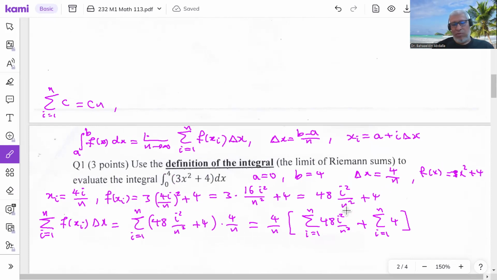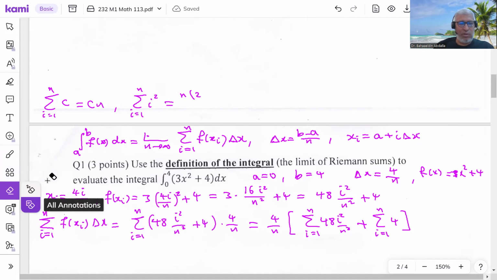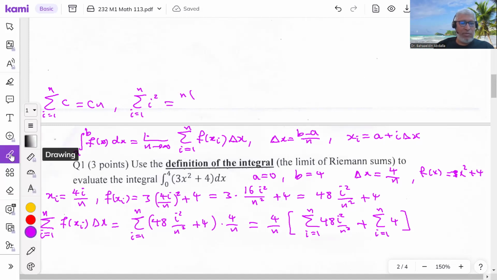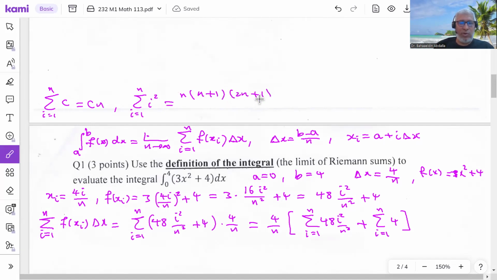And also there is a formula for the summation of i squared. All of these formulas are in the course, and you can check them in the videos. The formula says n times, let me write n plus 1 first, n times n plus 1 times 2n plus 1 over 6. This is the summation of i squared.